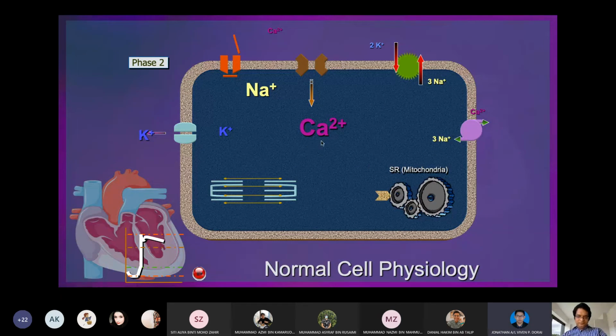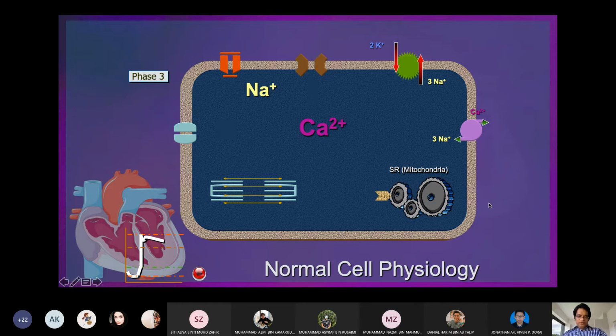The plateau is because of the opposing movement of potassium outside, to give enough time for ventricular contraction. No, calcium will not do that. Release of calcium from the sarcoplasmic reticulum. Yes, actually initially it is deposited, later on it is released and causes muscle contraction. That is why we have calcium in the plateau phase, because you need calcium for cardiac muscle contraction.